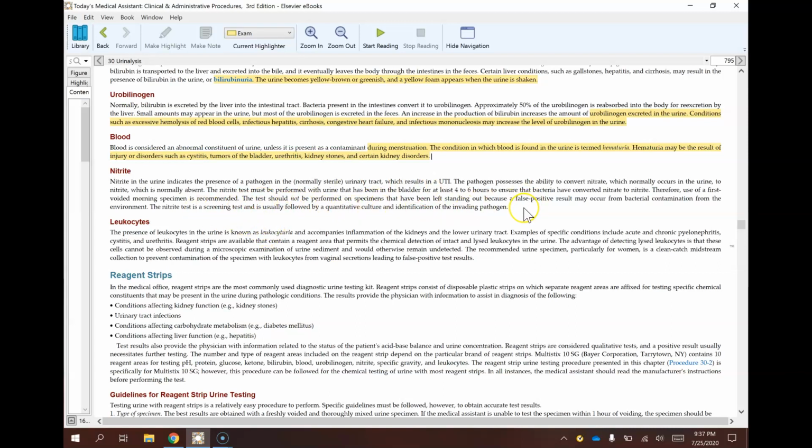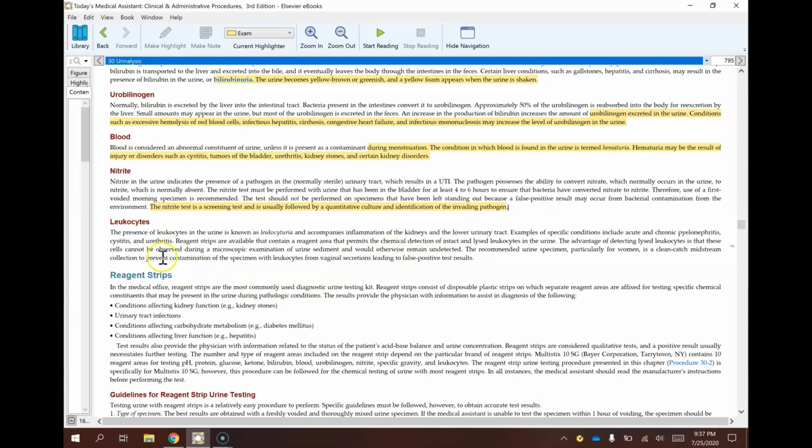If you leave a sample sitting out for a long period of time, as you know, you can get a false positive. And this in particular causes the physician to want to do something called a culture. And I mentioned that earlier on, the C and S.